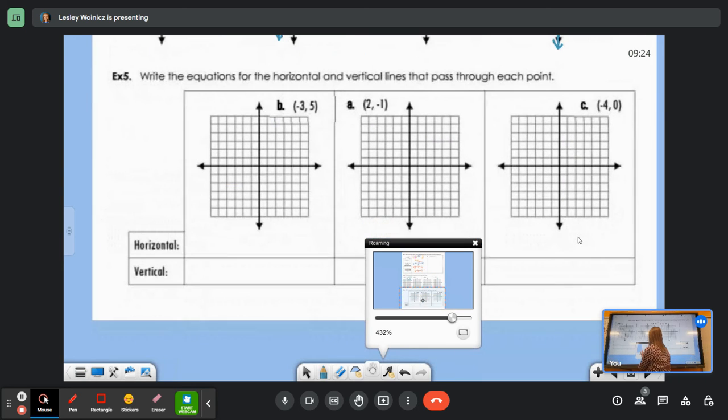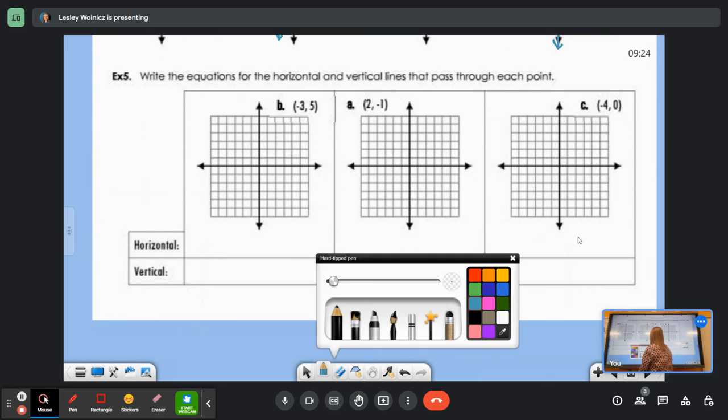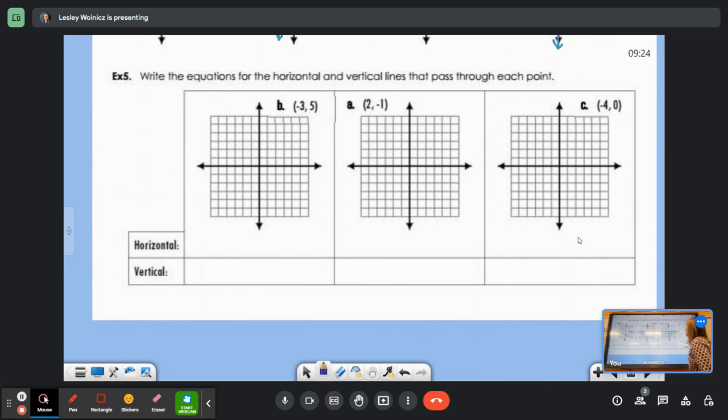Okay, this is the last trick I'm going to show you today. All right, we have to write the equations for the horizontal and vertical lines that pass through each point. So let's plot the point negative 3 and 5. 3 left, 1, 2, 3, 4, 5 up.